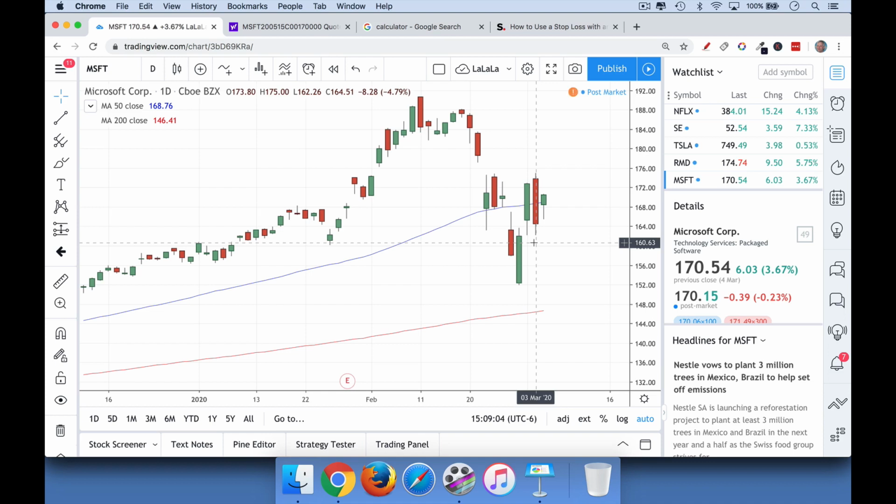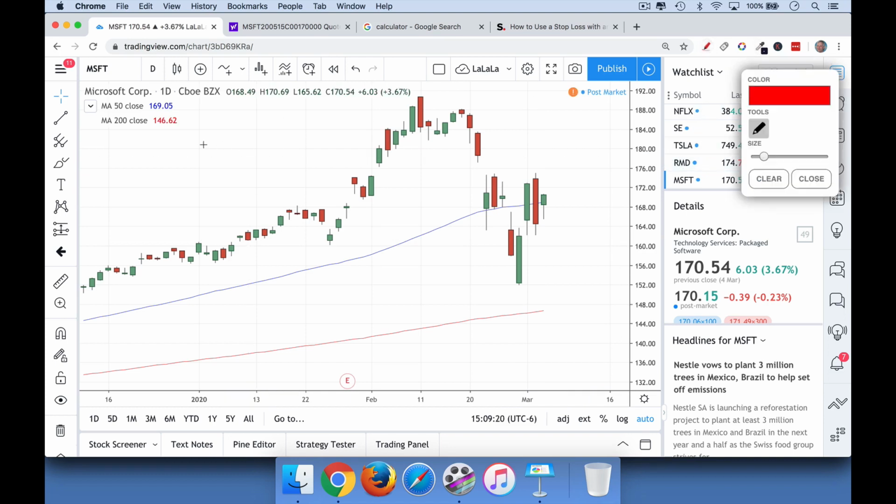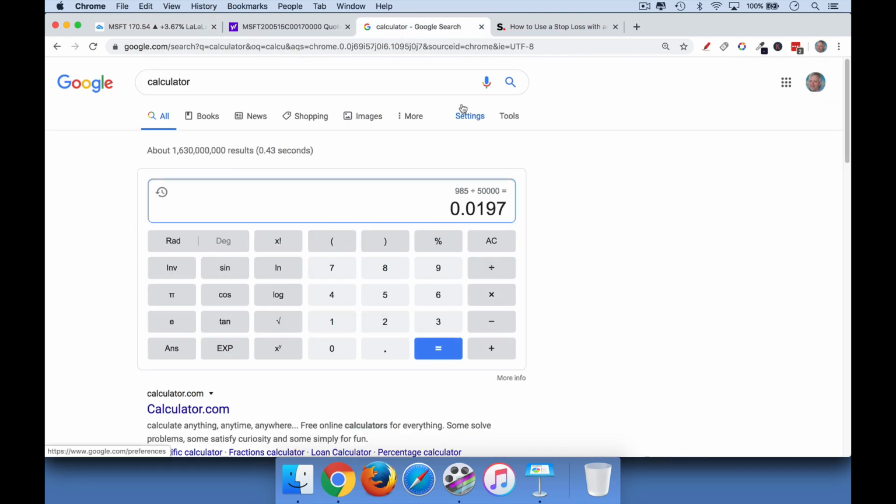Now, how do we size this position? Well, I tend to size things fairly conservatively, especially if I'm going to do a large position. So in this case, let's say I was trading a $50,000 account. I want to risk, let's call it 2% to make the math really easy.